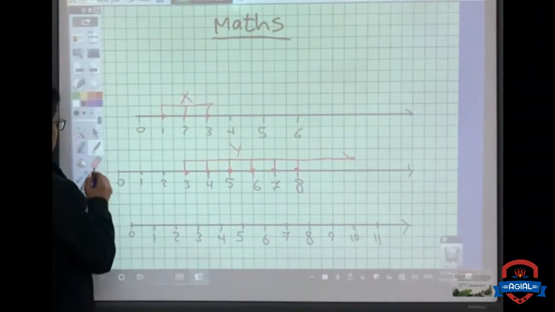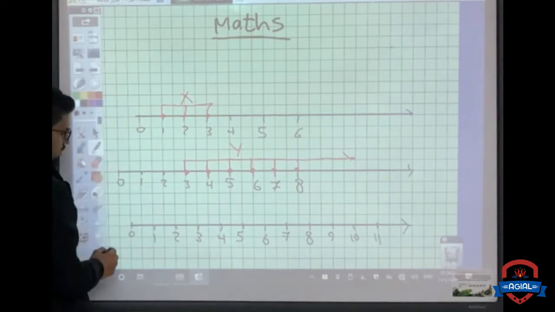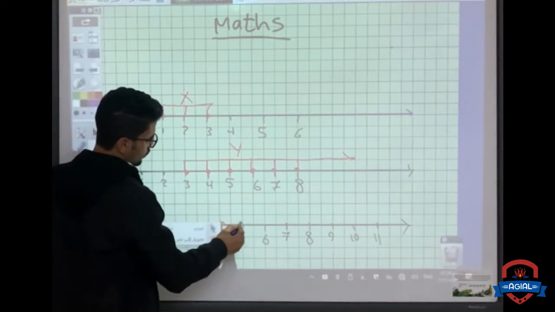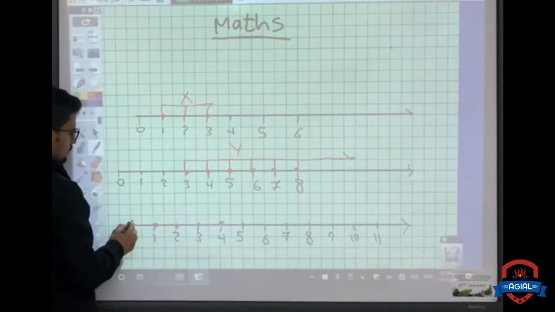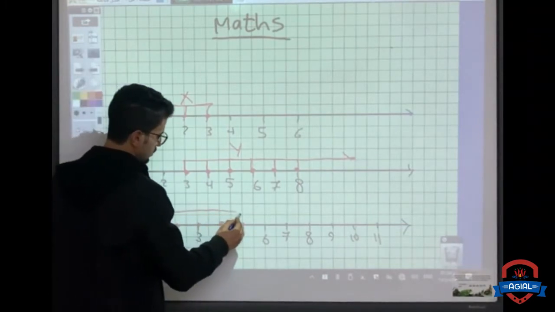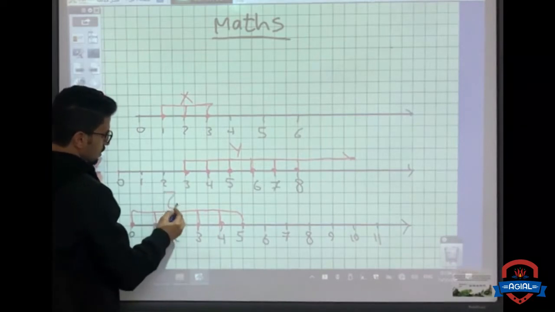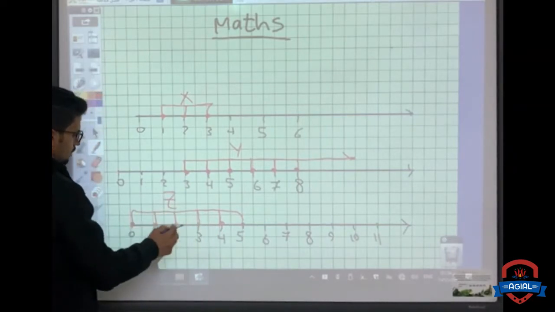And we need to represent the set Z. The elements of the set Z are 0, 1, 2, 3, 4, and 5. So this is the set Z, and it includes these elements.